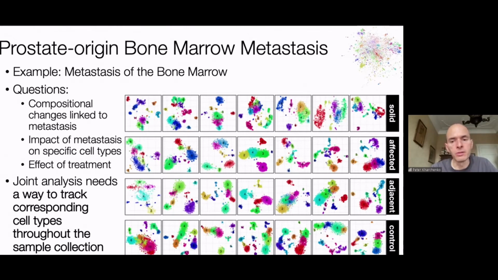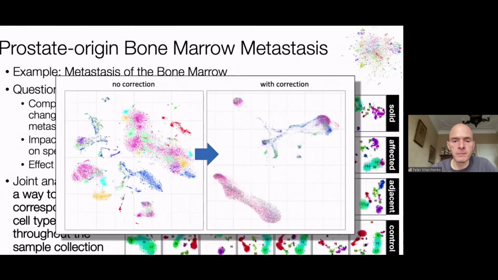What we want to do first, before any comparative analysis or expression difference analysis, is find a way to jointly track individual cell types throughout the entire collection. So if you had a T cell population here and a T cell population here, they would be labeled in the same way, and you could compare them between conditions.